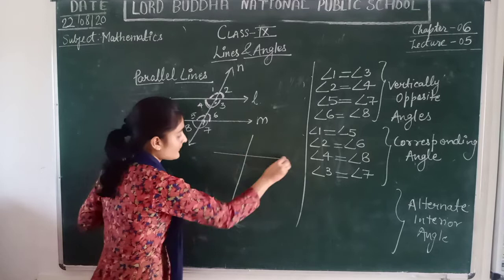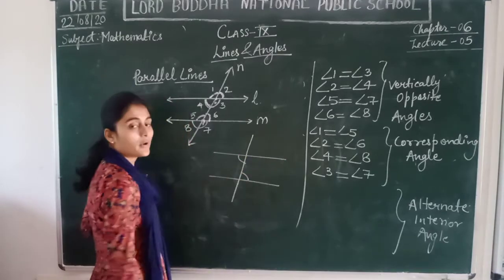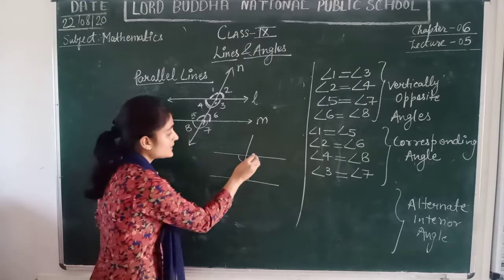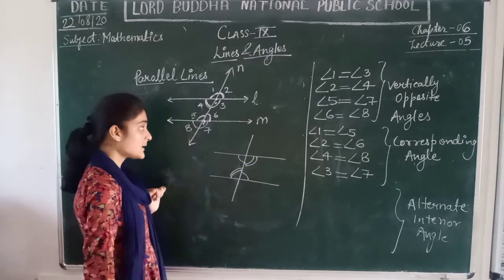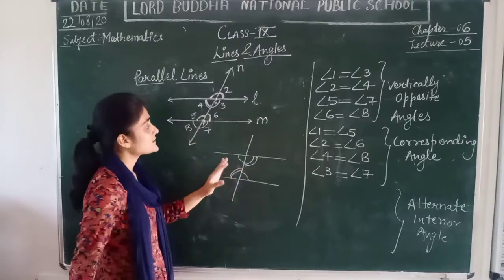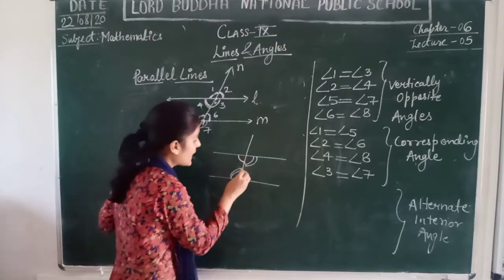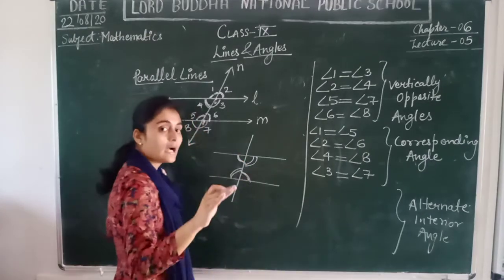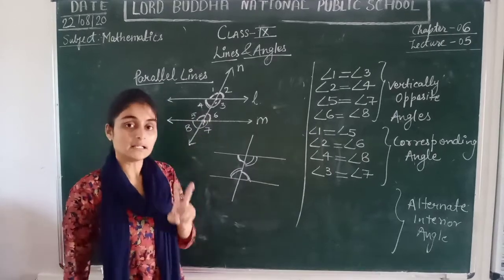Like this and this are on alternate positions. Similarly, this one and this one are on alternate positions. Okay? So both are formed inside or in the interior. That's why they are called interior angles. And the ones which are at alternate positions are called alternate interior angles. So there are 2 pairs of alternate interior angles.